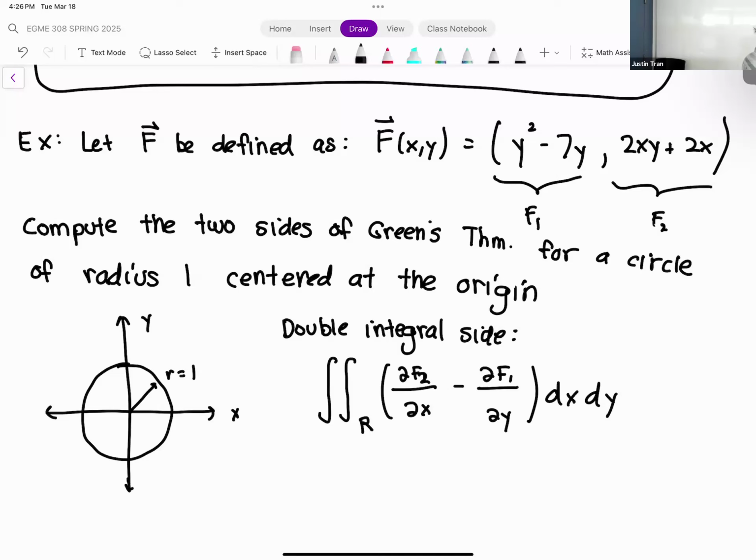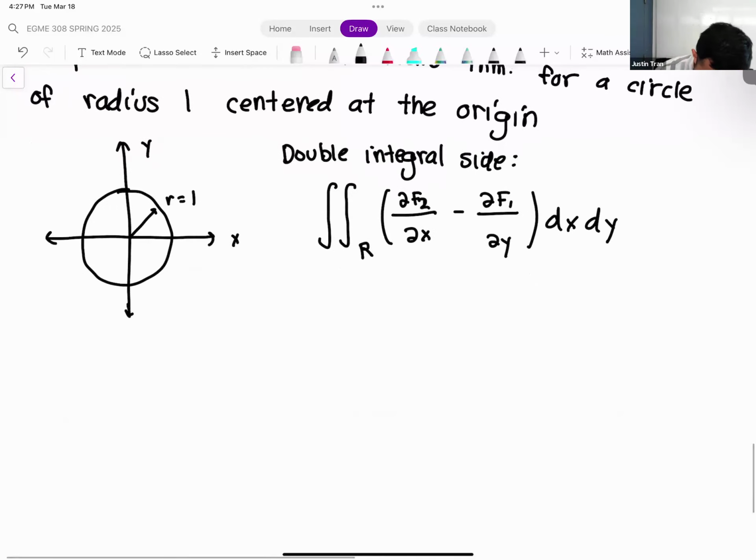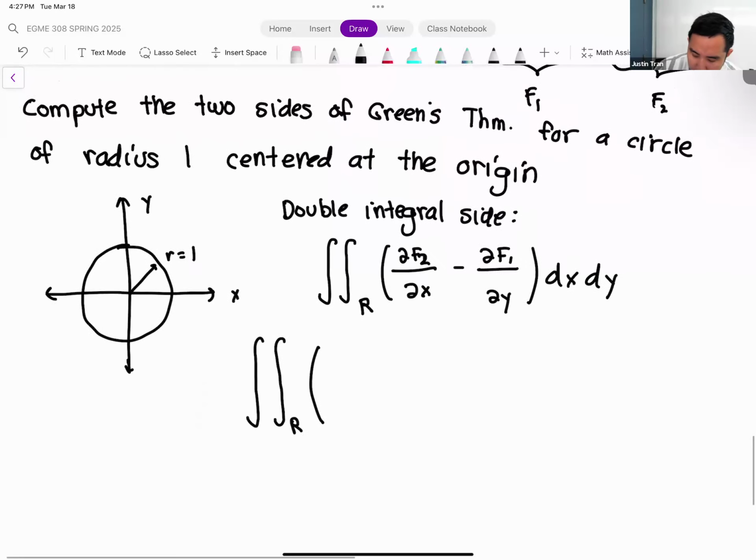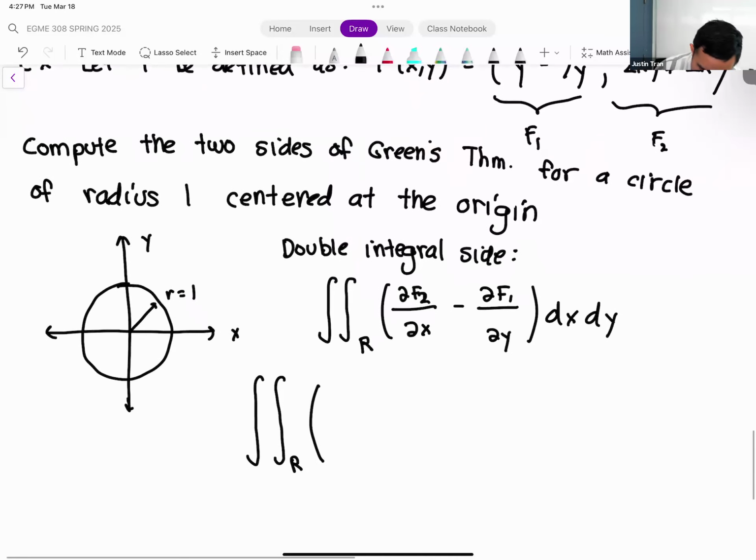So first thing I'm going to do is compute the integrand there. So partial F2, partial x. Our F2 here is 2xy plus 2x. And so we take the derivative of that with respect to x, we get 2y plus 2.